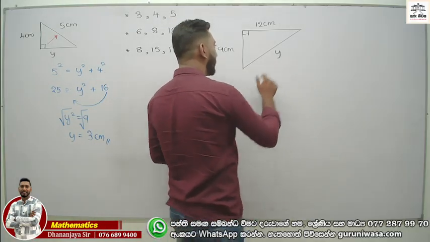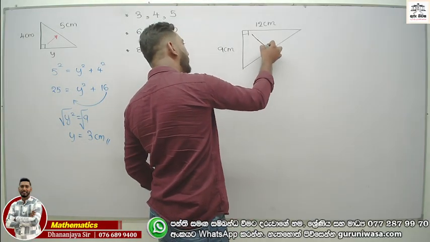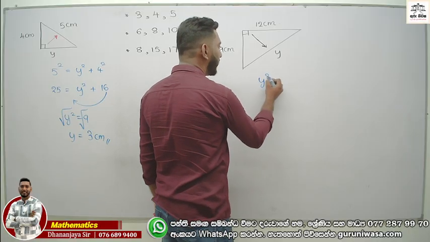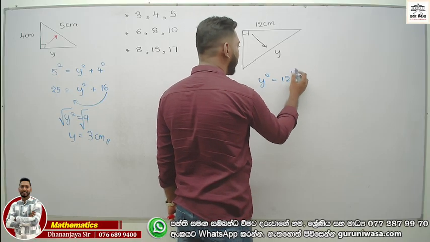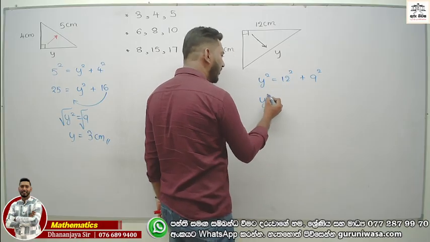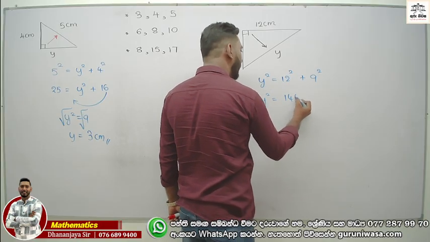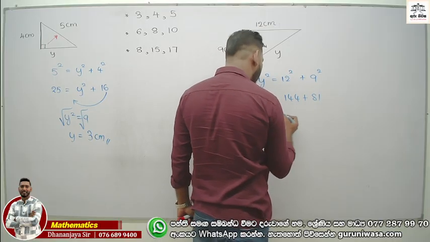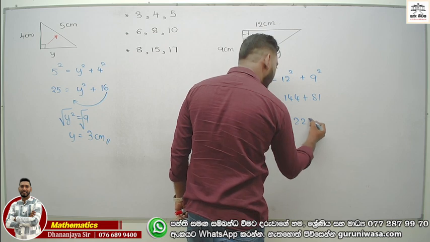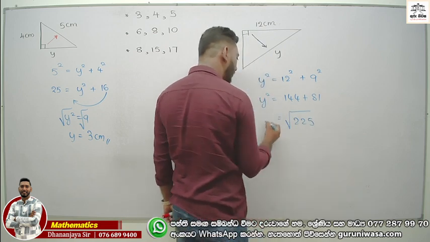Now look at this. y is the hypotenuse, therefore we can write y squared is equal to 12 squared plus 9 squared. Now 12 squared is 144 and 9 squared is 81. Now you can write 225 and apply the square root.